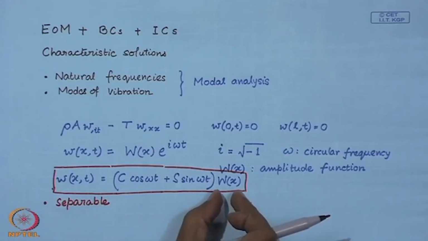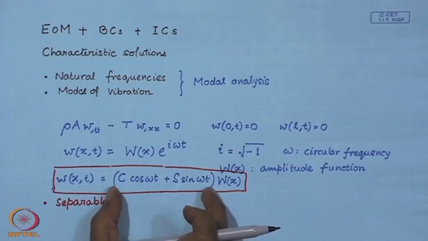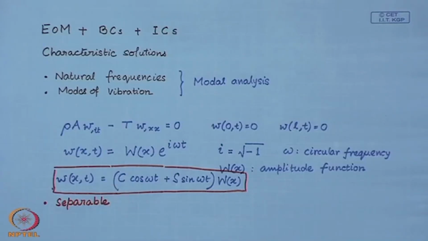So, space part and the time part, they are separated. Then the temporal part of the solution can become 0 at a certain time instant.